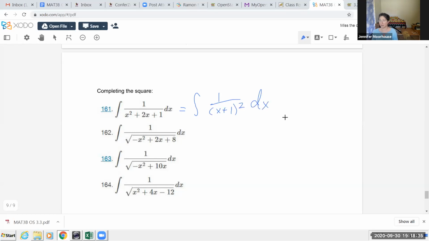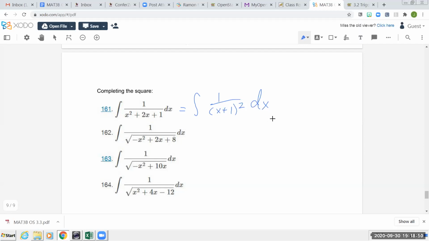And that one, you wouldn't really want to use a trig substitution because it's not in the right format. So you can't use a trig substitution, but it's actually much easier than that. What would you want to do with that one?